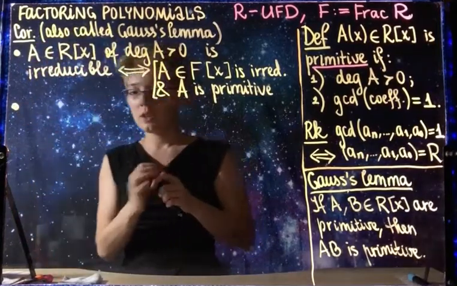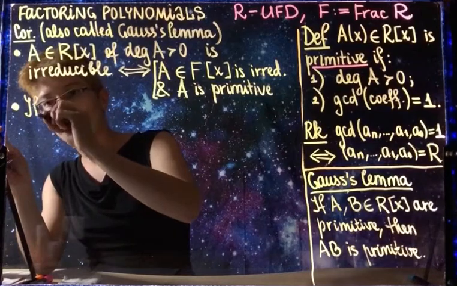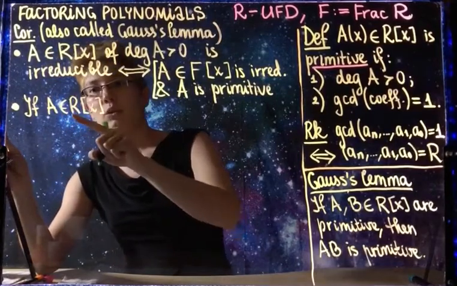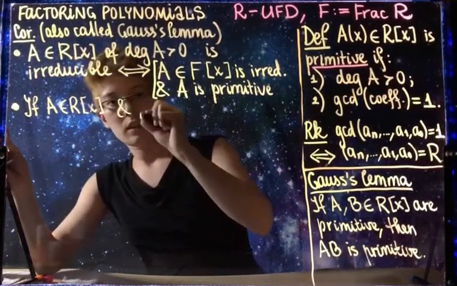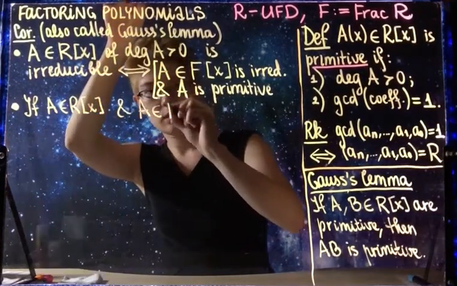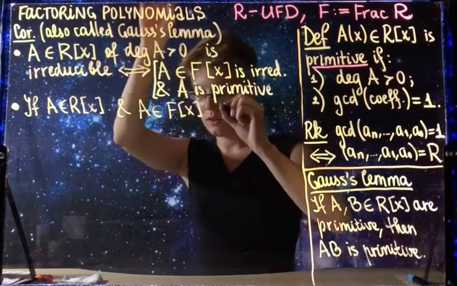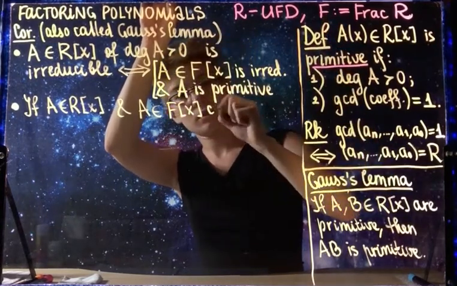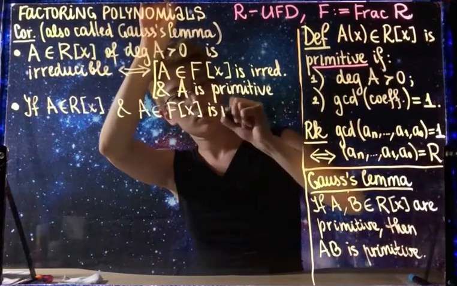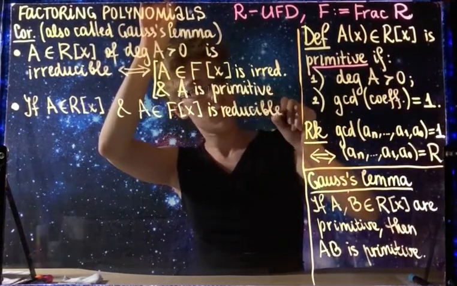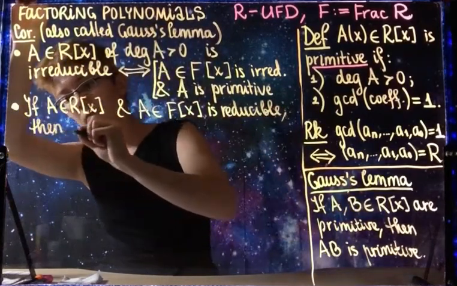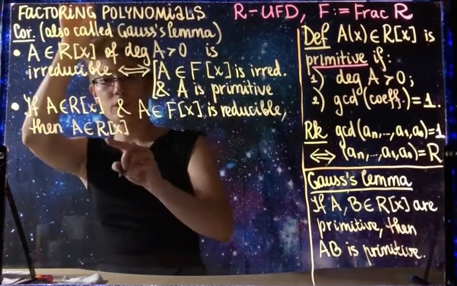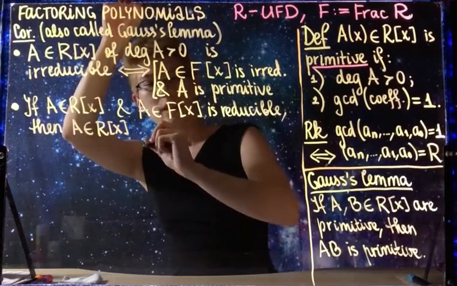And in other words, we can say that if A is a polynomial with coefficients in R, and A can be factored with the coefficients in the fraction field, then considered back as a polynomial with coefficients in R, it also can be factored.